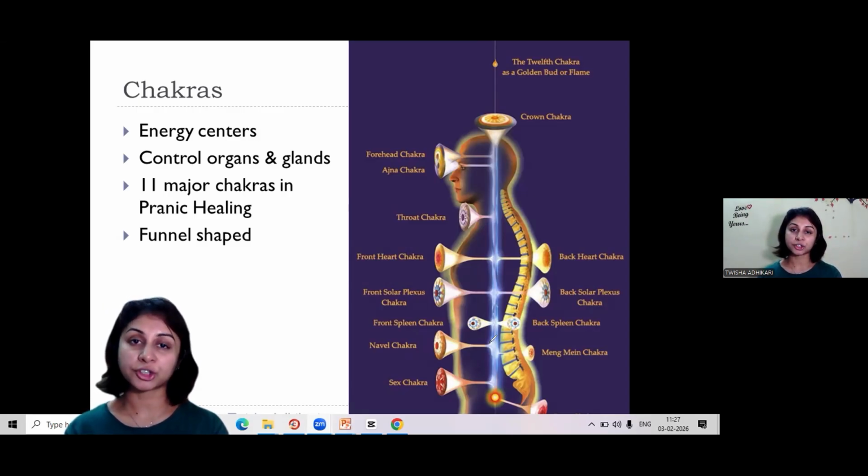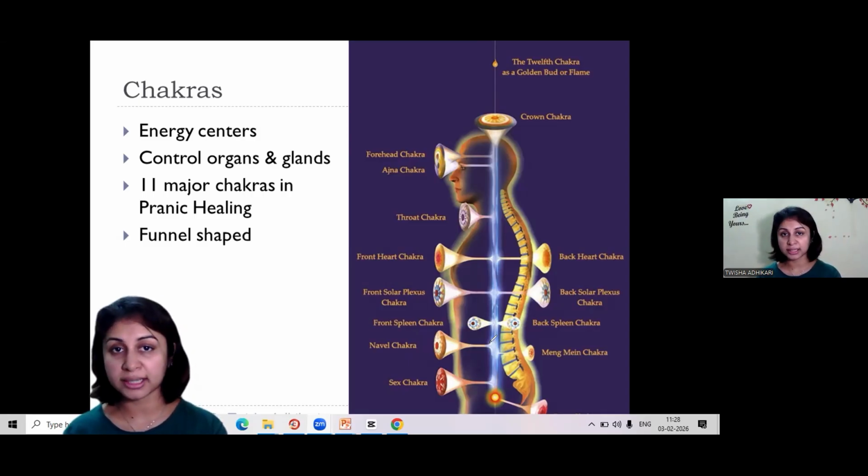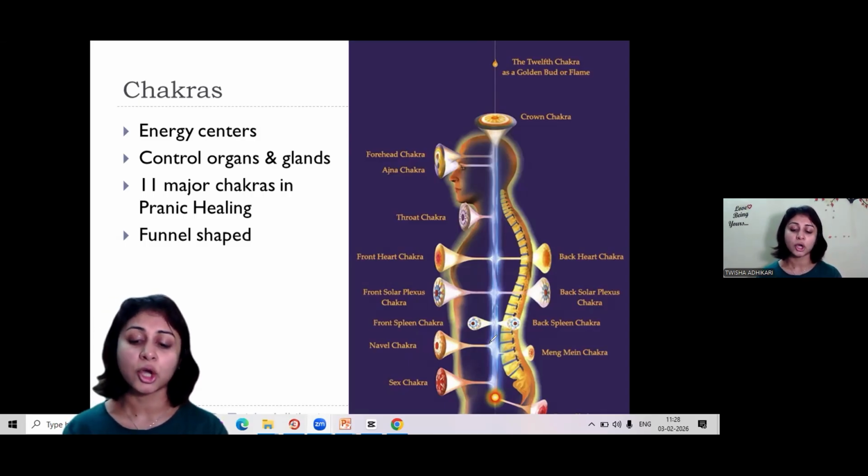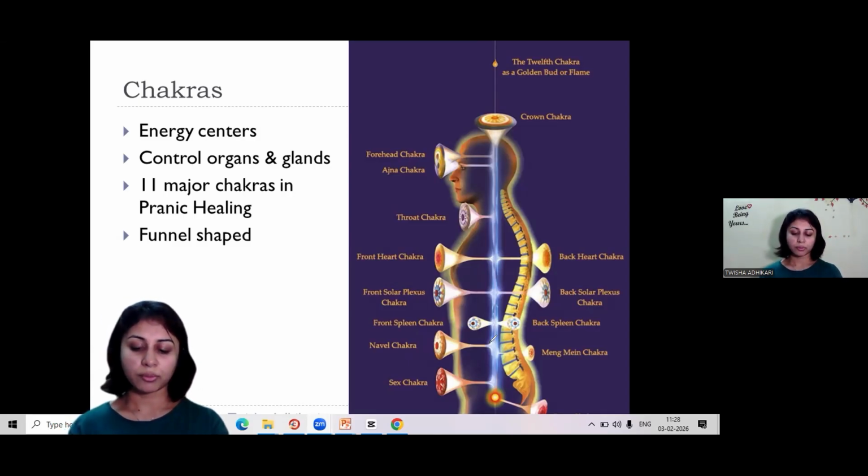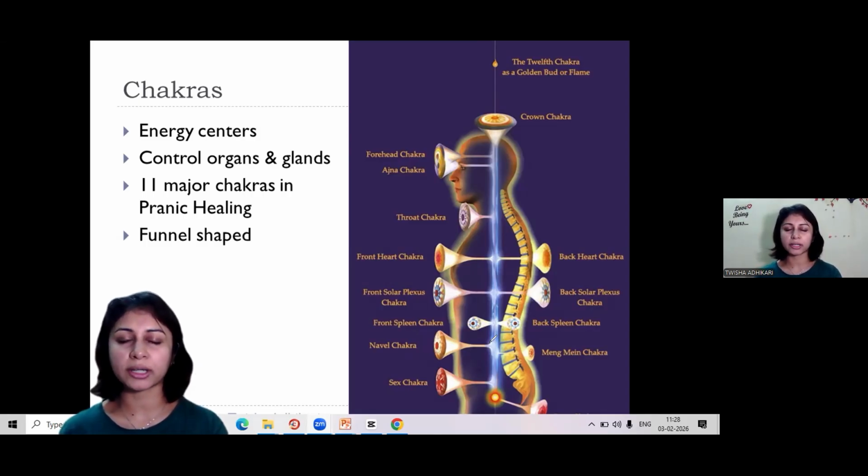Malfunctioning of this chakra can cause constipation, diarrhea, inability to digest food and nutrients, appendicitis, and issues in the intestine, like irritable bowel syndrome, inflammatory bowel disease, and also low vitality. So if you concentrate and meditate on your navel chakra, it automatically gets energized.